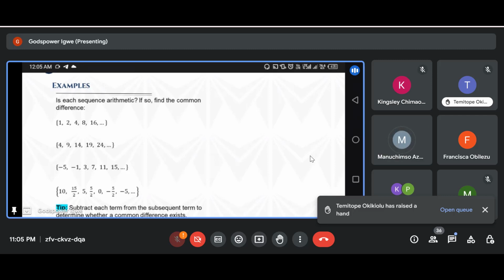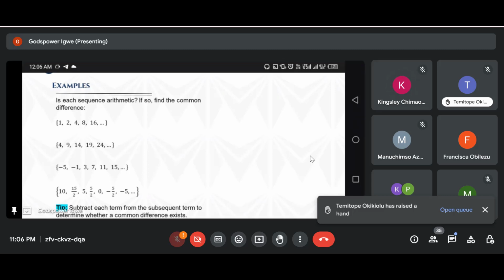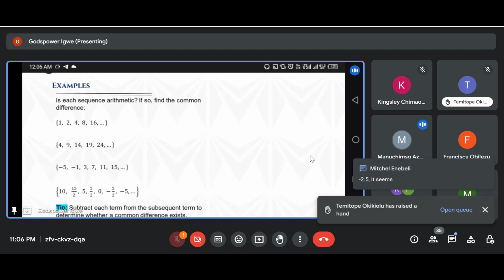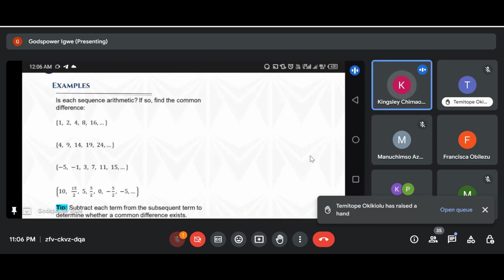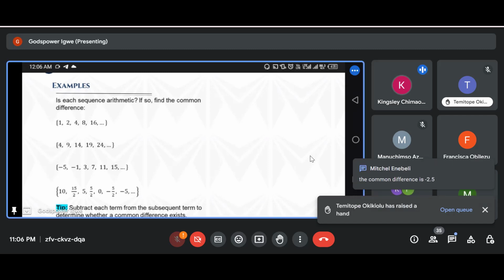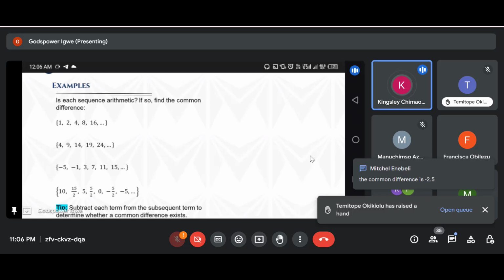It's minus 2.5. 15 over 2 minus 10 is the same as 15 minus 20, all over 2, so the common difference is minus 2.5. Minus 2.5 is not the same thing as 2.5. So we understand that part.